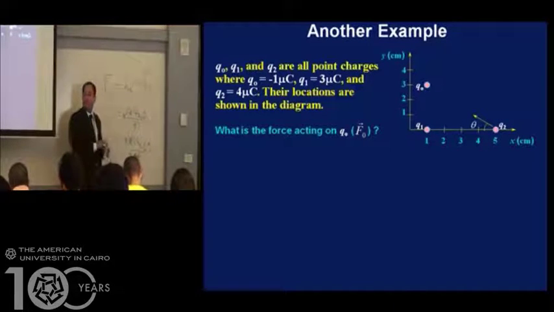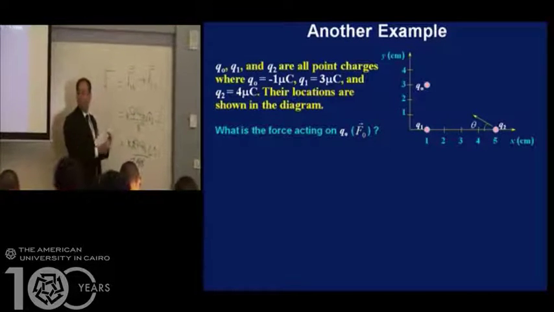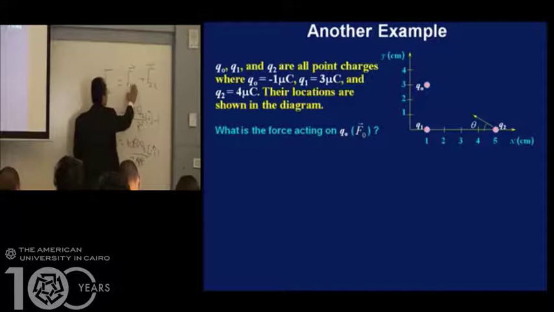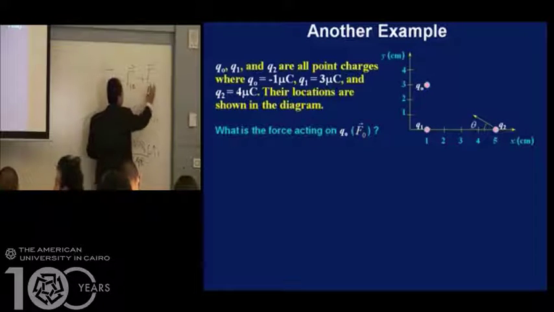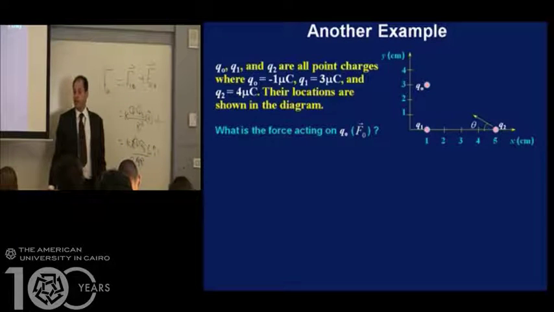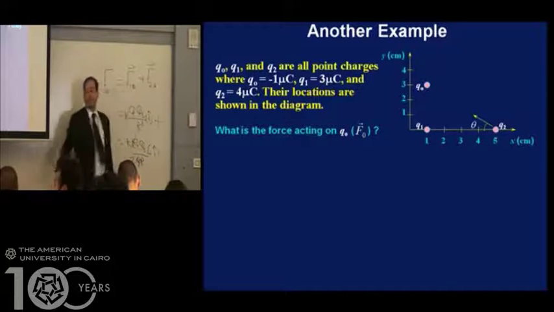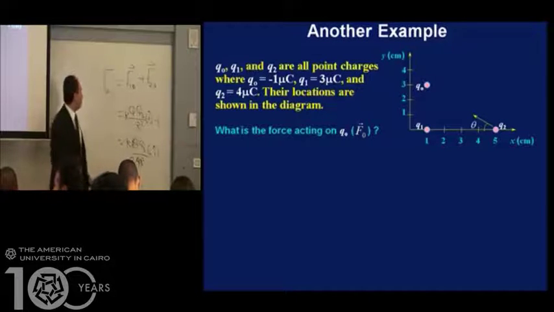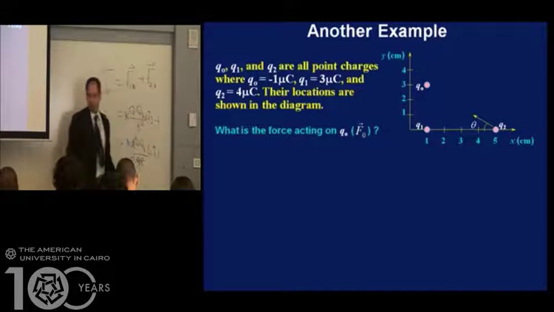The net force on Q0 will equal F10 plus F20. So you have to find F10 in its vectorial form, and you need to find F20 in its vectorial form.